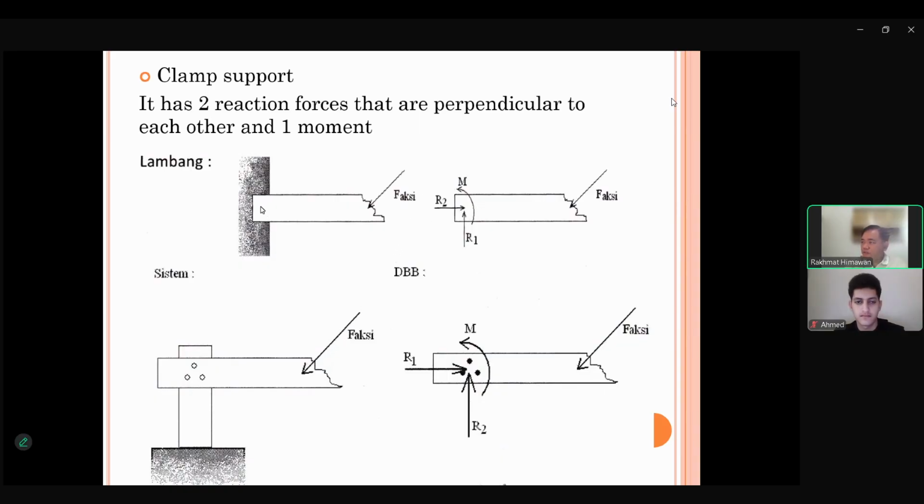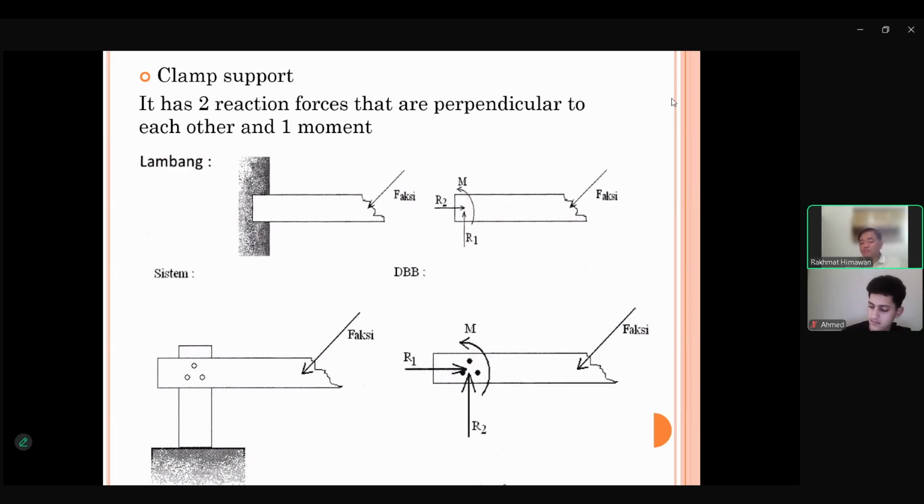Now the reaction at this end part of the rod is one reaction in the y-axis, one reaction in the x-axis, and one moment that reacts to this action force F.